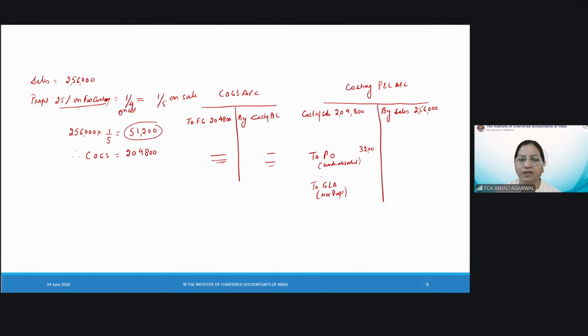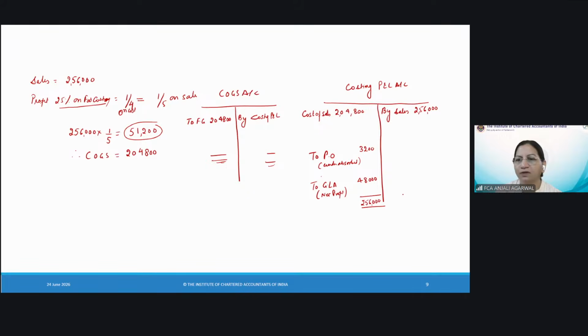But because there was an under absorption, 3,200 will be deducted from this, under absorption of administration overheads. So net profit is 48,000, which moves to the general ledger adjustment account.